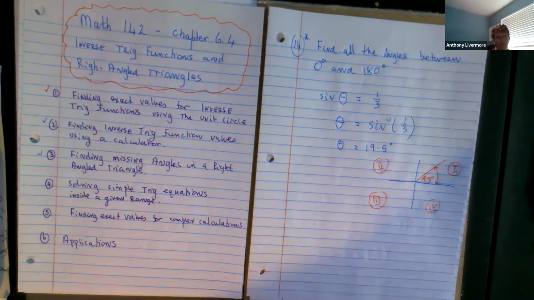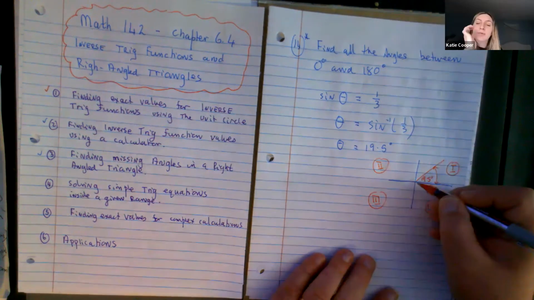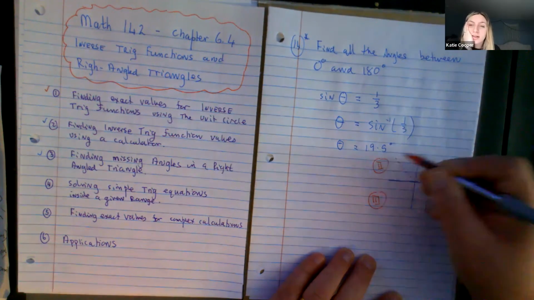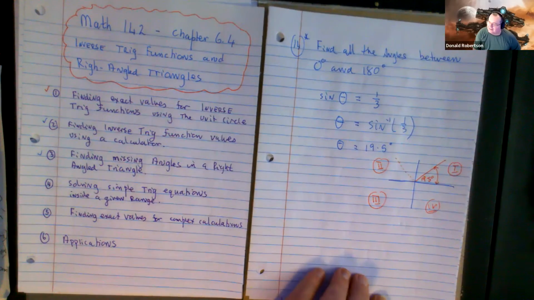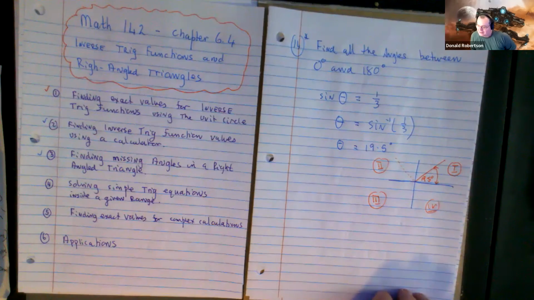Would you agree there's another angle in the second quadrant? Remember those reference angles that Katie was talking about earlier? This is where these guys are kicking in, right? Now, would it be 160.5? You nailed it, yes. Is that beginning to make more sense when you see the context, right?